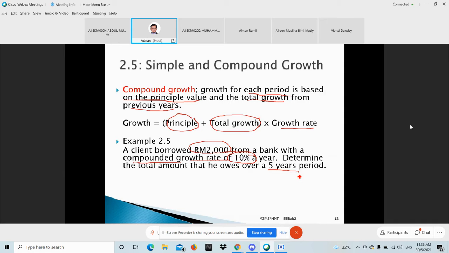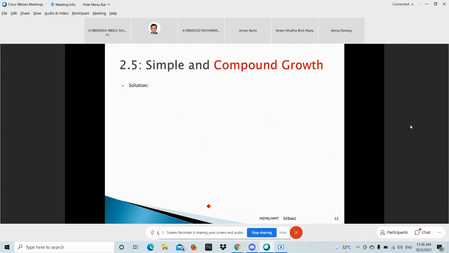Sekarang ni kita bukan simple growth tapi ada compounded growth. Okay, compounded growth, atas bunga tersebut ada bunga lagi. Okay, simple compounded growth.